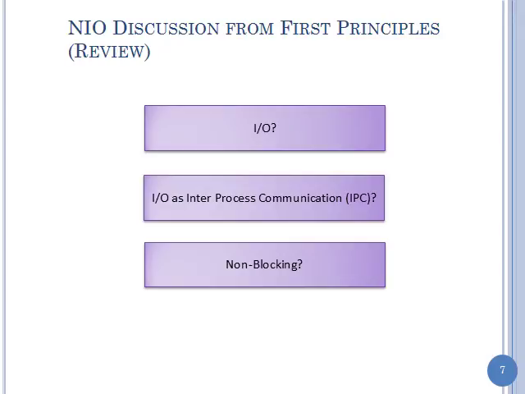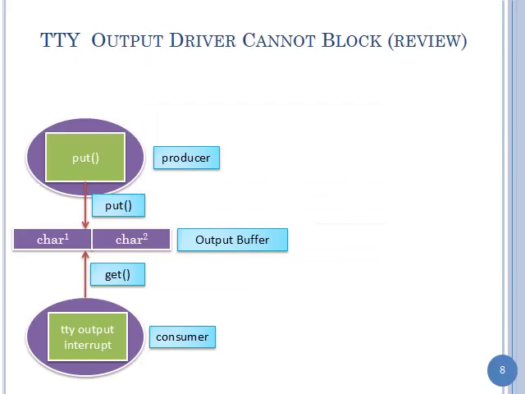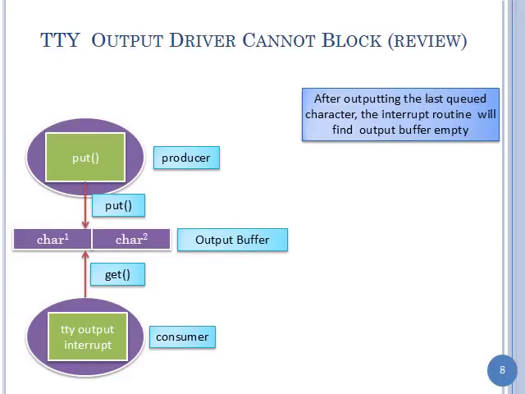IO is something you've done in CS1, CS2 kind of classes, but you didn't quite know what's going on underneath. IPC is something those of you who've done networking have used, but maybe you don't quite know what's going on underneath, or at least don't understand the blocking aspects of it, which you need to understand to do non-blocking. So we talked about I/O through the implementation, and we saw that when you write something, you're writing to a buffer that is being consumed by a device, and you need synchronization.